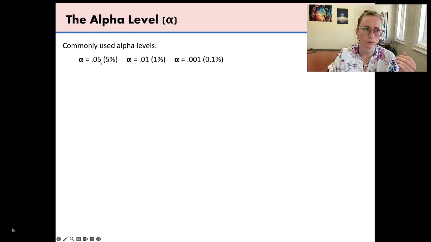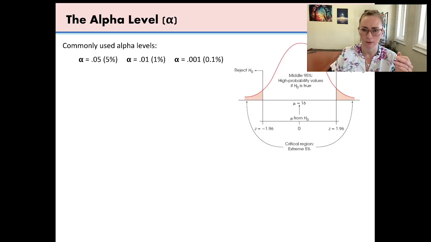Am I getting that right? No, I think I'm just going to trust myself how I wrote it here in the slides that it's 0.05. Whereas we can also have 1%, which is a little bit more stringent, or we can have 0.1%, which is even more strict in terms of how much we want that person to be in the extreme in order to say that is significantly different.